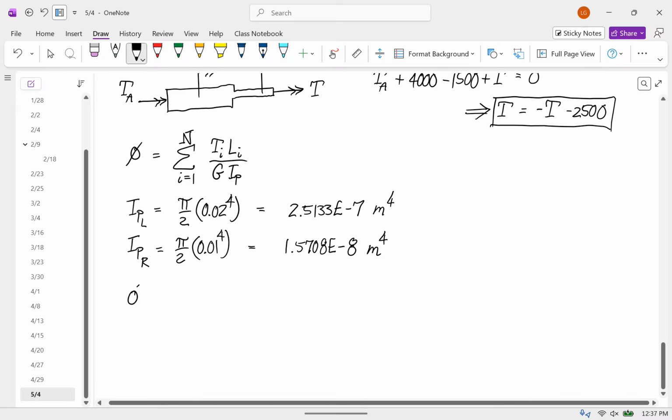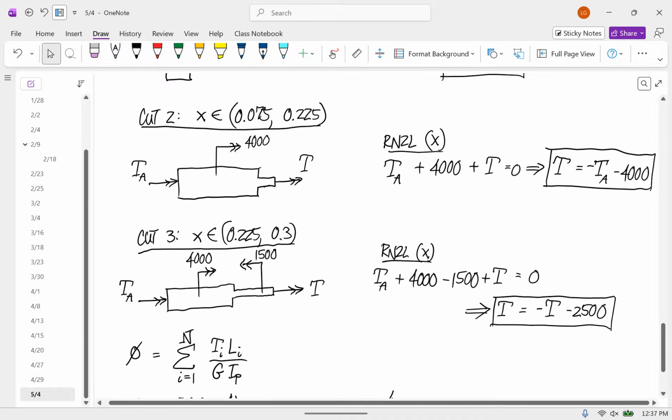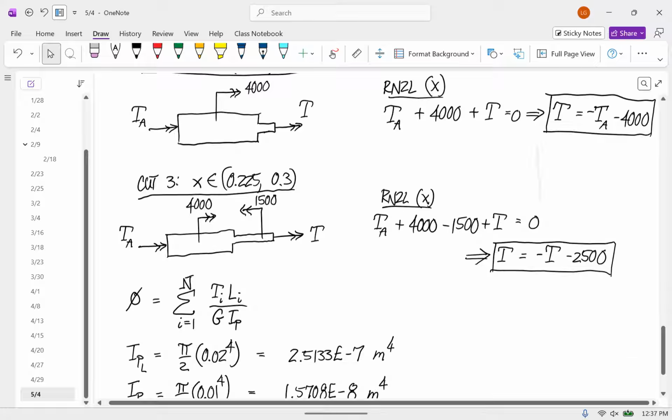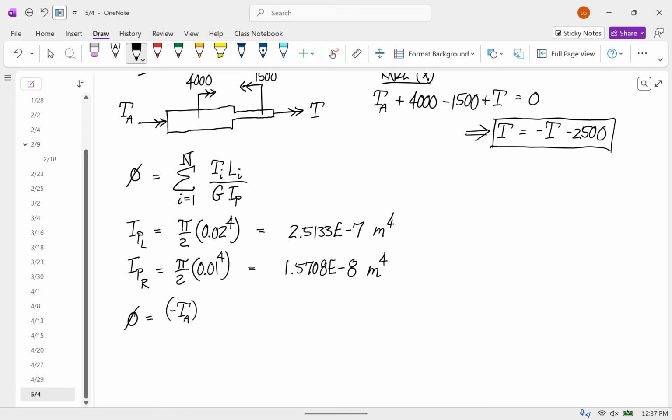Okay, so the angle of twist is, the first piece is negative TA times 0.075 divided by a G that we won't care about times 2.5133 times 10 to the minus 7.